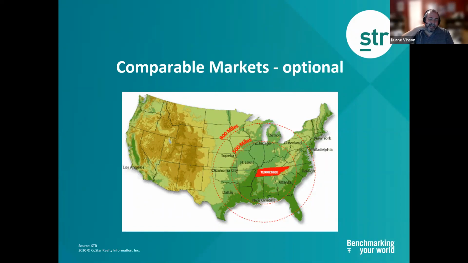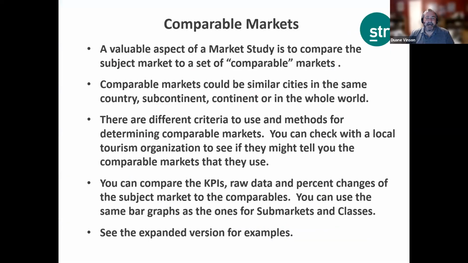Okay. This next one here, comparable markets. This says optional. This is not optional. It should be included in your market study. I think this is really an interesting component of the market study, when you can compare your selected market to other comparable markets. These could be similar cities in the same country or same continent.